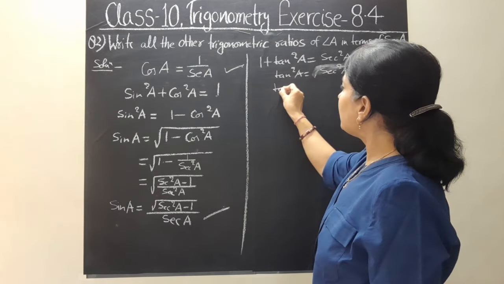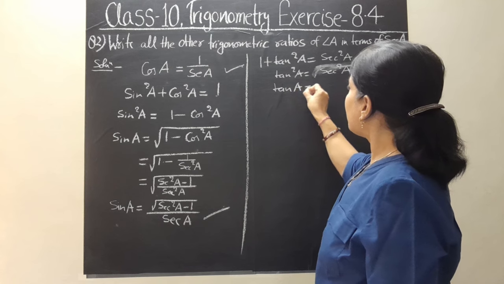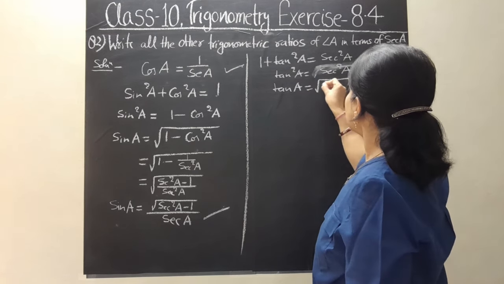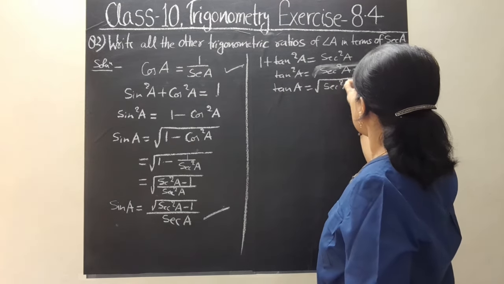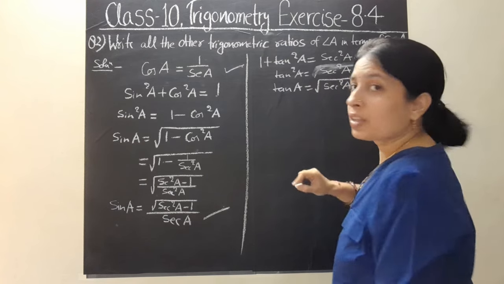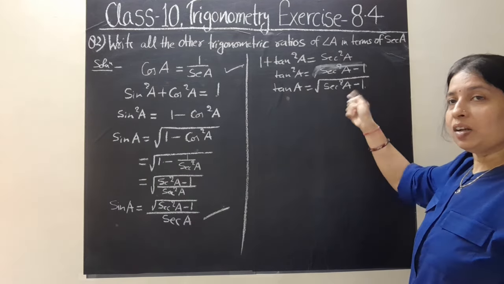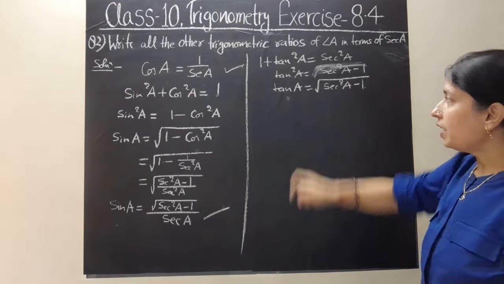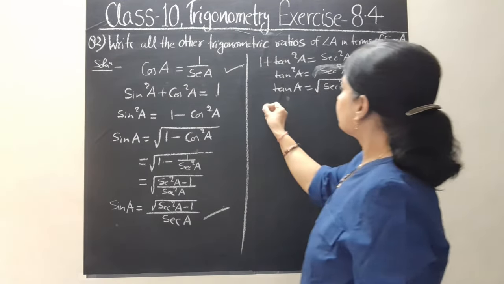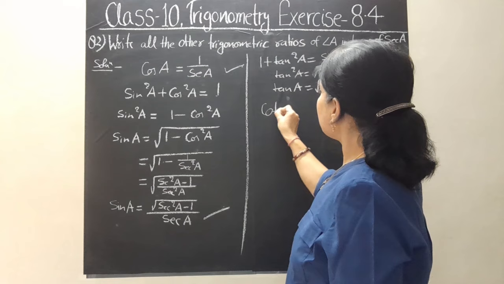So what will be tan A? Tan A will be square root of sec square A minus 1. This one is tan A in terms of sec A. Then cot A. What is cot A?